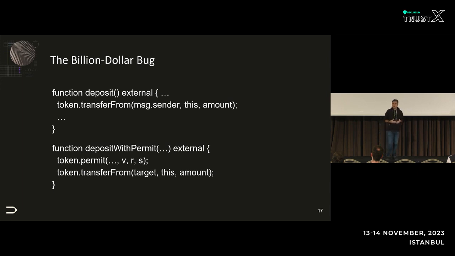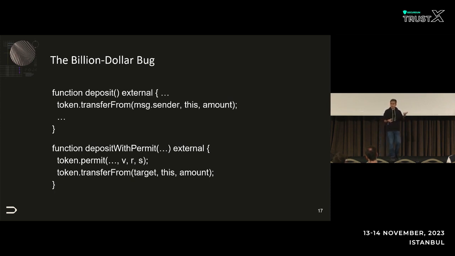That's a way to offer permission not with an approve, but with off-chain signatures. So deposit with permit says, if you give me a cryptographic signature, those v, r, s arguments, proving that someone has signed an approval for spending their tokens, then I can take anyone's tokens as long as they are the signers of this cryptographic message. And that's also perfectly fine.